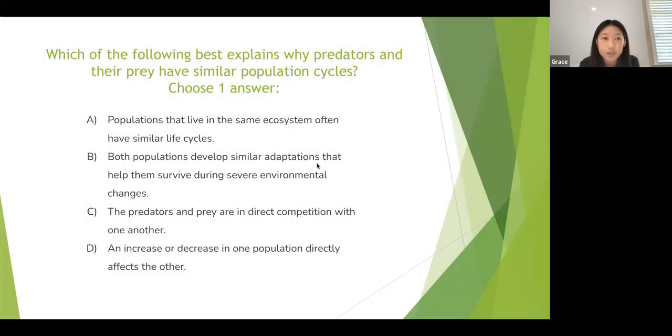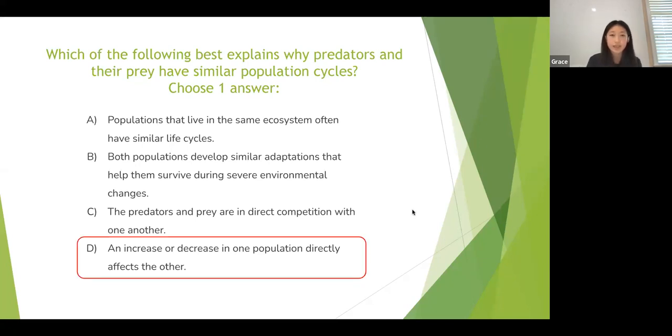All right, next question. Which of the following best explains why predators and their prey have similar population cycles? Just choose one answer. All right, I see a lot of you saying D, and that is correct.